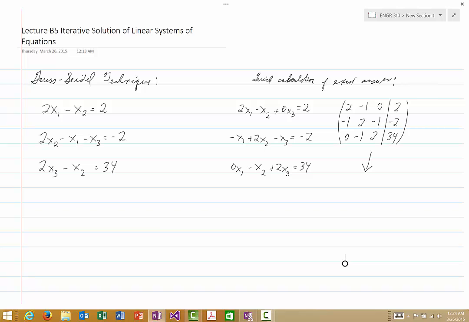I would interchange the first and second rows. That's not necessary at all, but I like to have a 1 in the upper left hand corner. So I'll interchange the first and second rows and I'll also multiply the resulting first row by negative 1.